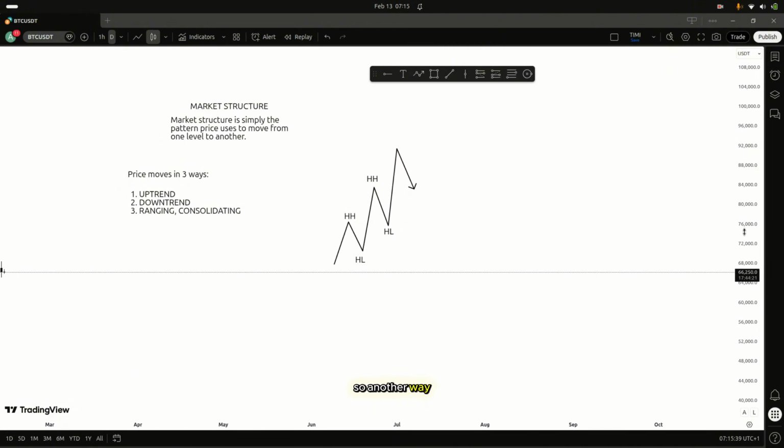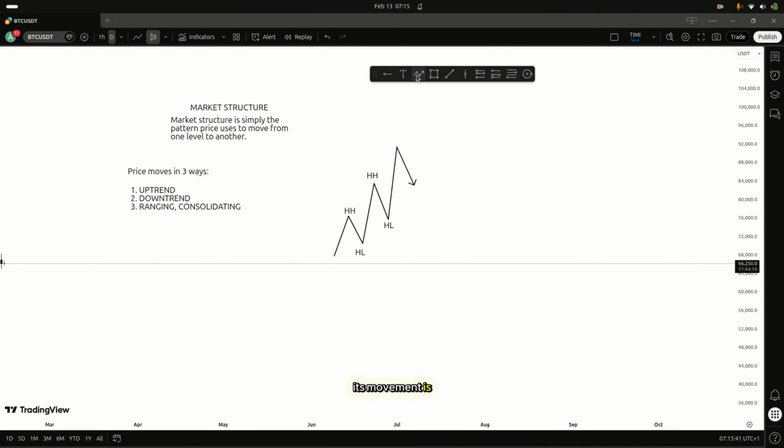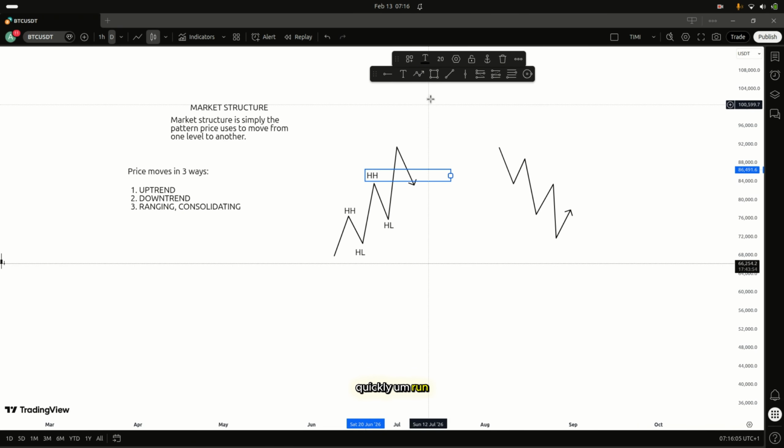So another way that price makes its movements is when price is in a downtrend. By downtrend, I mean you come to the chart and you've clearly seen price doing something like this: lower highs, lower lows, lower highs, lower lows. Price in this pattern is simply in a downtrend. So let me quickly run that over.